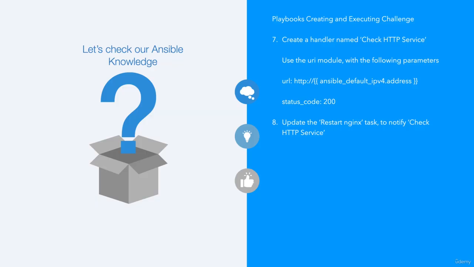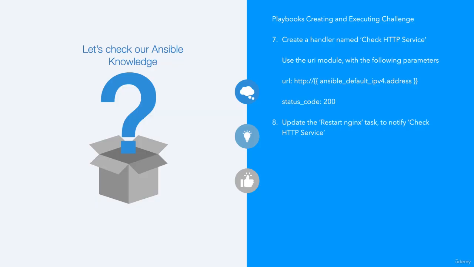We did, however, as we were doing this, assume that all of this was working. And when working with automation, it's not always good to make an assumption. For example, Nginx could have restarted and then may have failed to initialize. What we're going to do in this task is create a handler called check HTTP service.